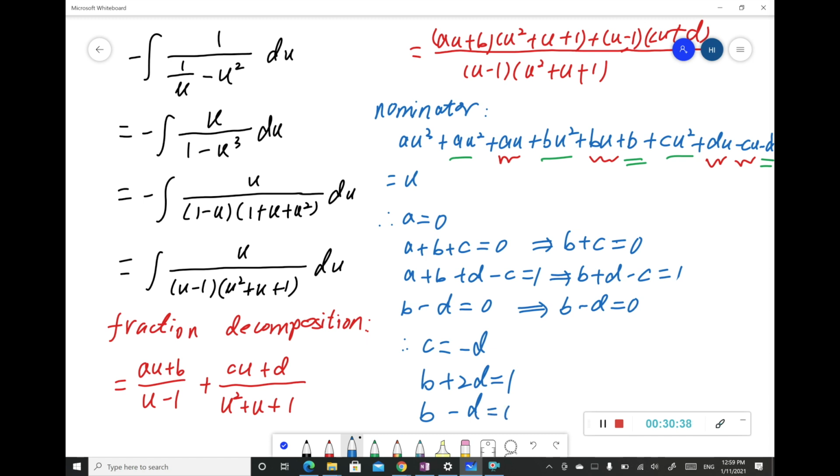Since b minus d equals 0, from these 2 equations we could get d equal 1 divided by 3. And c will be equal negative 1 divided by 3. And b equal d, so it also equals 1 divided by 3. And a equal 0.